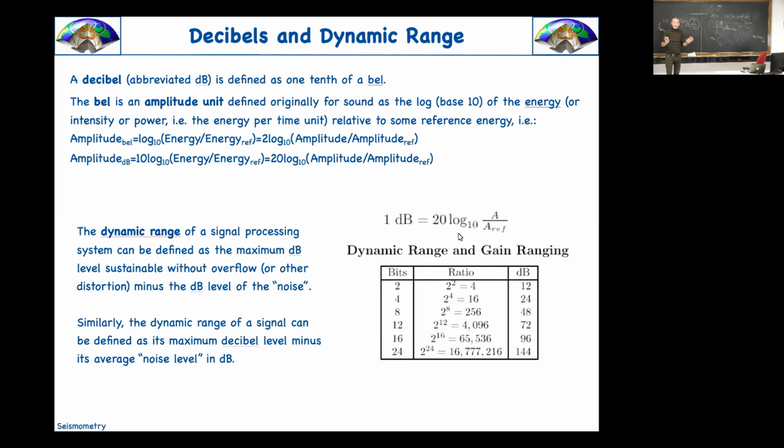sound intensity level. And the idea here is to define a threshold. It's an intensity, so it's the energy over time over a surface, over a unitary area.